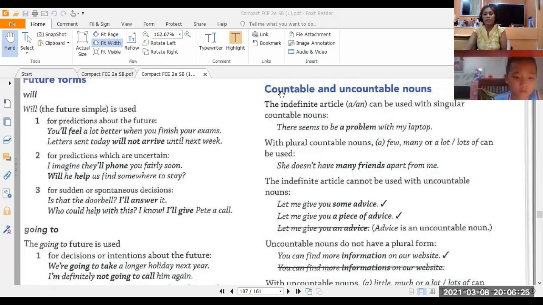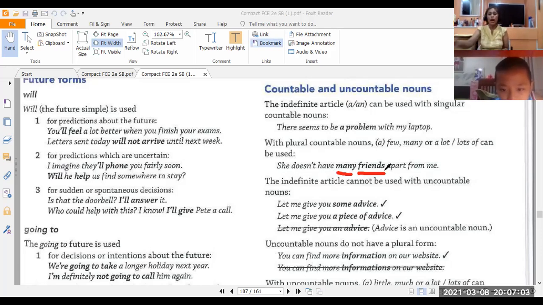Many friends, because friends is plural. There is the S. So it is countable nouns plural. She doesn't have many friends. We use many because we are talking plural.